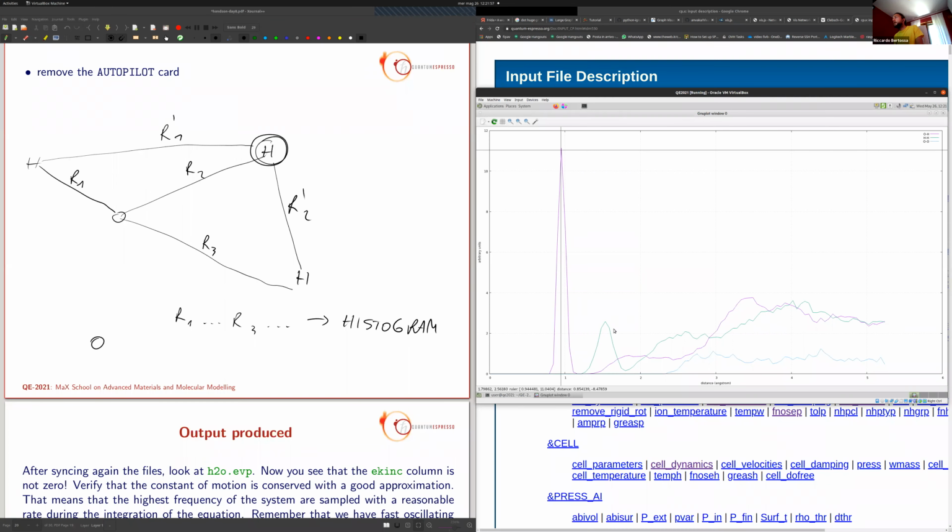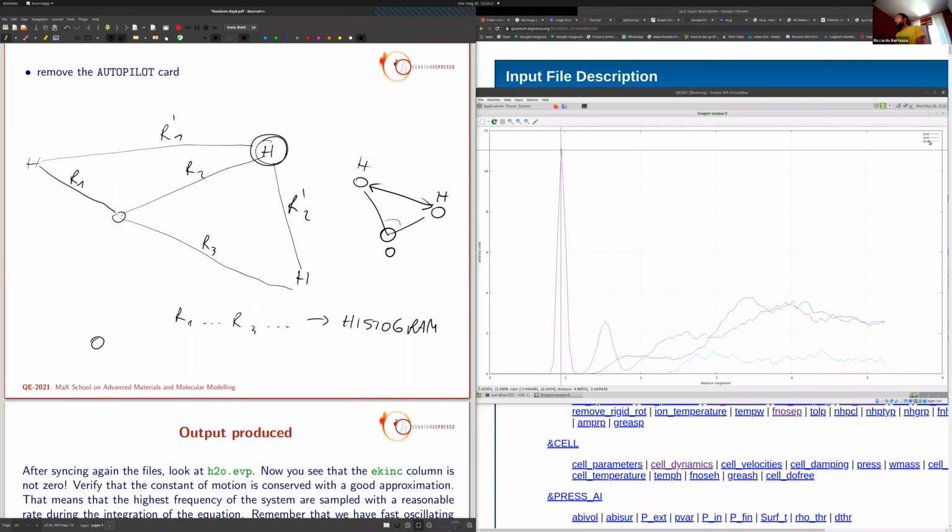You see here you have a peak that is related to your oxygen-hydrogen distance, the first peak. You see it is around 1.5. It is true. This angle is almost 100 degrees, so it is okay.